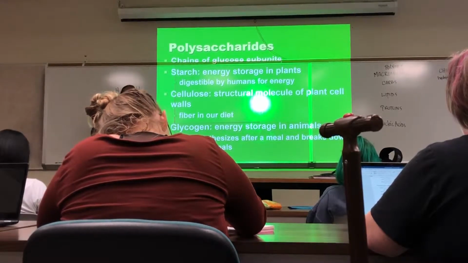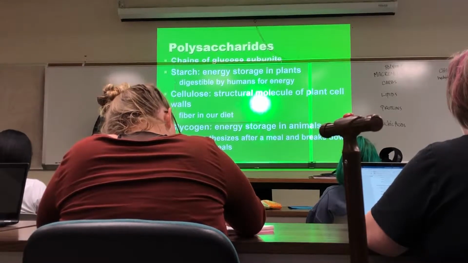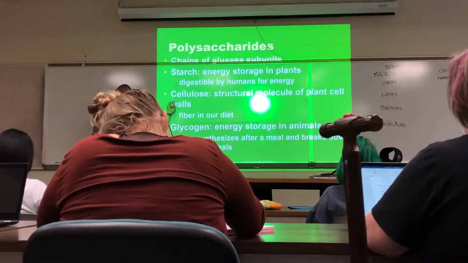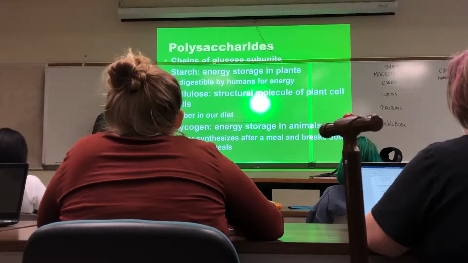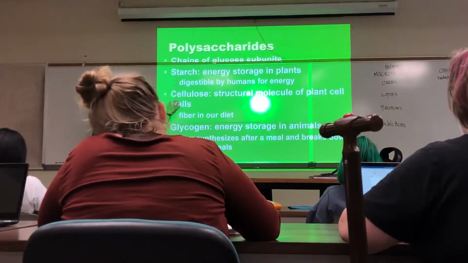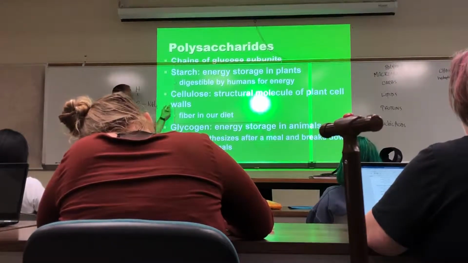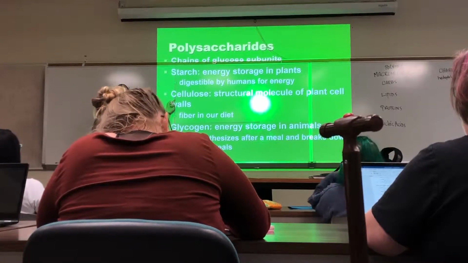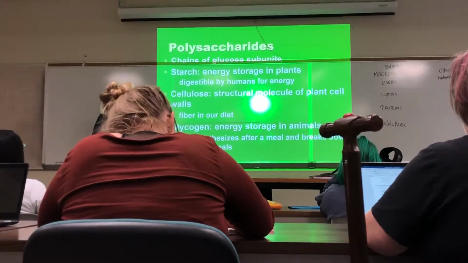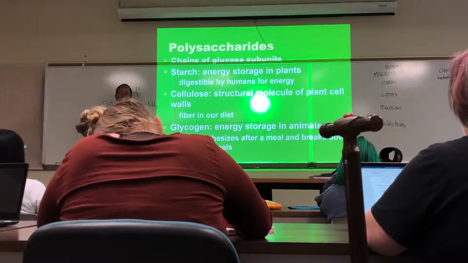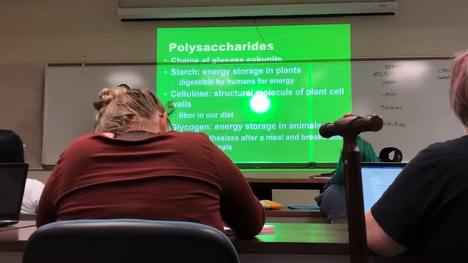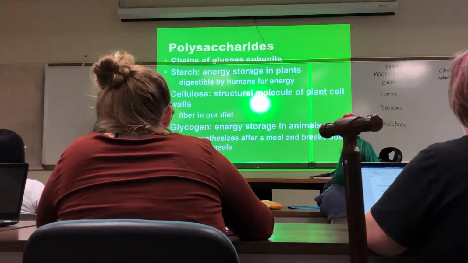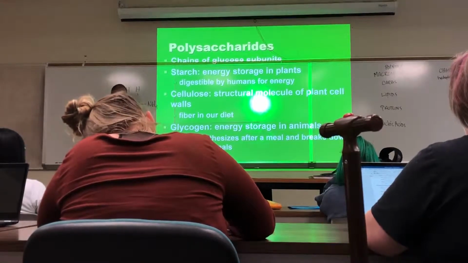Now, one of the benefits of eating plant material is that around plants, we have structures called cell walls. And cell walls have this stuff, and we don't have the material or the enzymes or the microbes that can break this down. So this becomes fiber, or my grandparents would call it roughage.